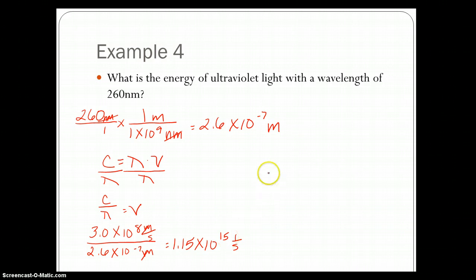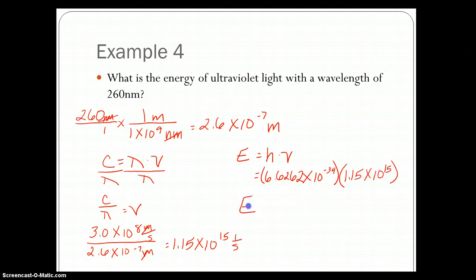Okay, now we can solve for energy. We know that energy equals Planck's constant times frequency. We want energy, we know frequency, and we have the constant. So we're going to multiply 6.6262 times 10 to the negative 34th times our frequency that we just solved for, which is 1.15 times 10 to the 15th.